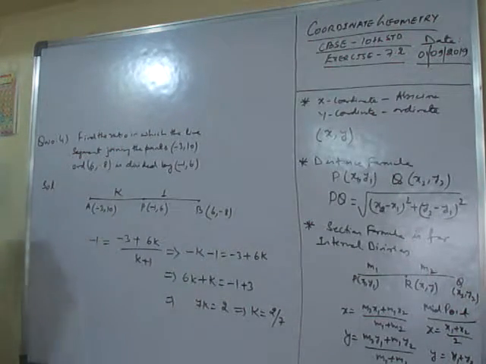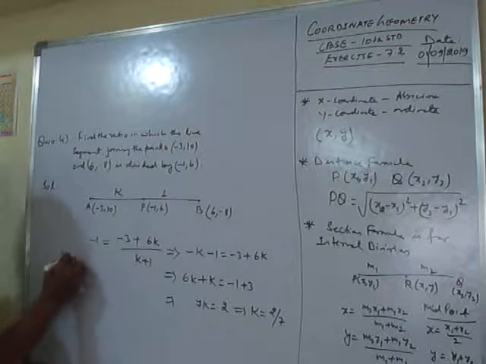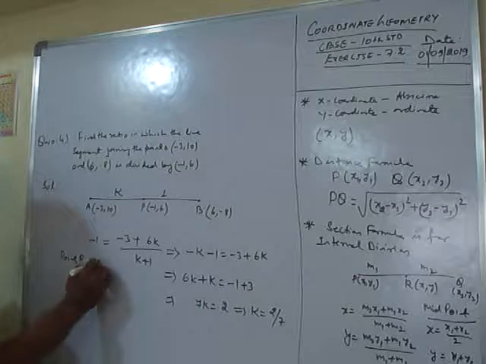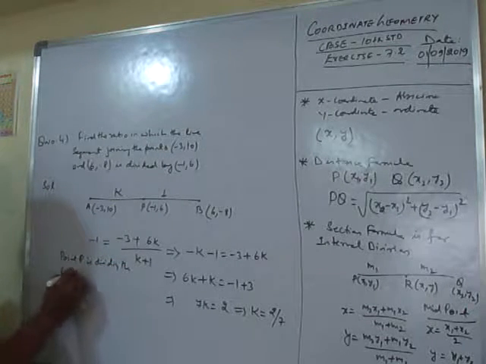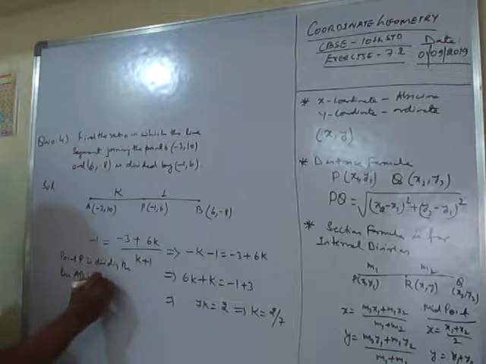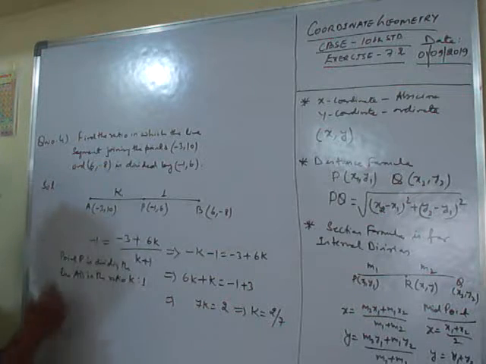So what we have assumed is that this point P is dividing the line AB in the ratio k:1.